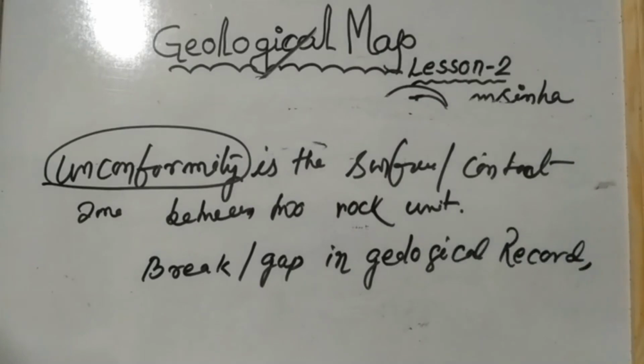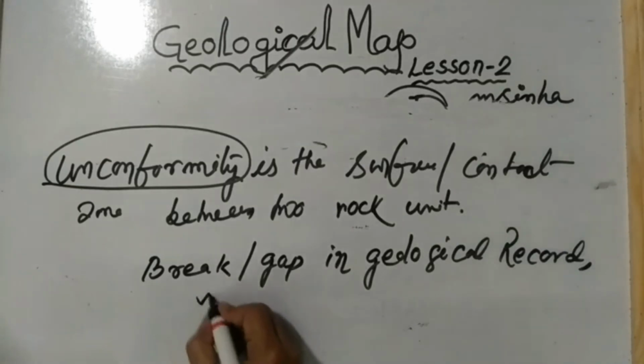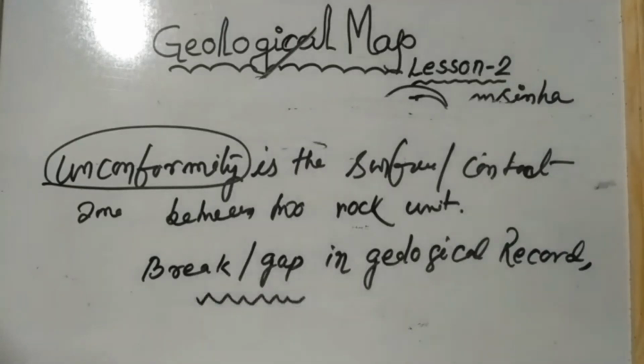Okay, the line of unconformity normally or conventionally is shown as a red line with that kind of line. Okay, so we can easily plot the line of unconformity in a geological map. Okay, and the method is the same.